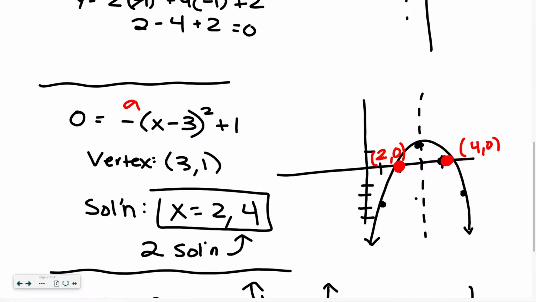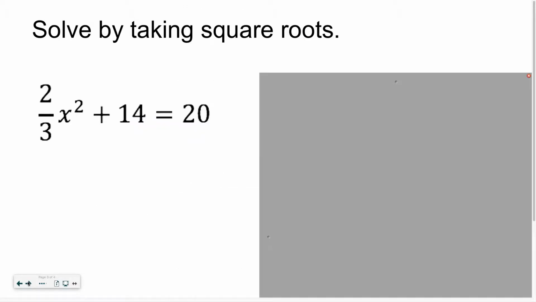So we need to have other methods besides graphing, because what if your point isn't a nice point? What if it's in between two values, two lattice points on the graph? Okay, and that's where the rest of chapter 3 goes. How do you find all the solutions algebraically so you don't have to do this graph every time, so that you can get the exact values even if it doesn't cross at a nice point?